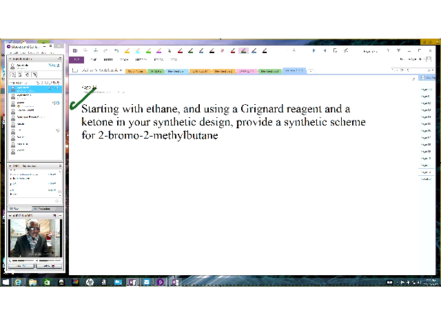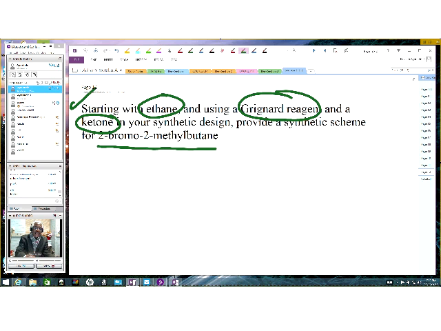No, this question says, starting with ethane, this molecule here, and using a Grignard reagent and a ketone, so they have given you some of the substrate or starting material that you could use, and a ketone in your synthetic design, provide a synthetic scheme for 2-bromo-2-methylbutane. Now, unless you know those reactions that we gave you earlier, you cannot do this problem.